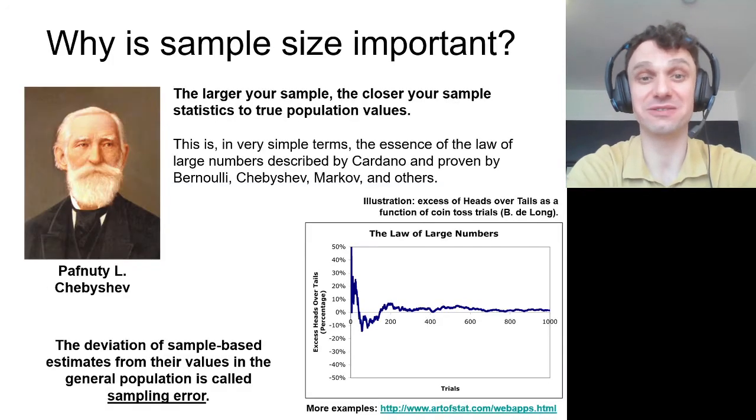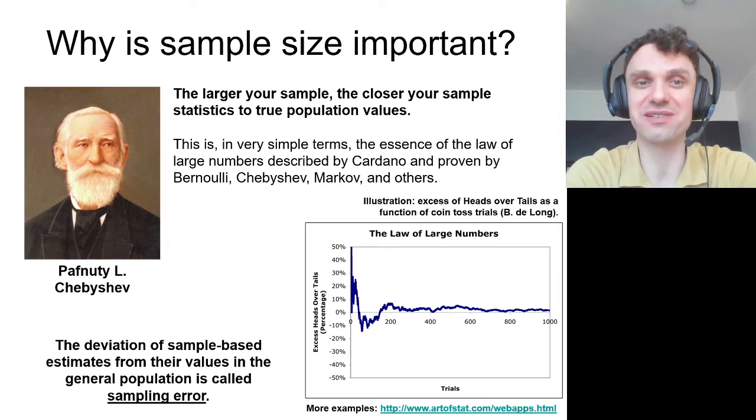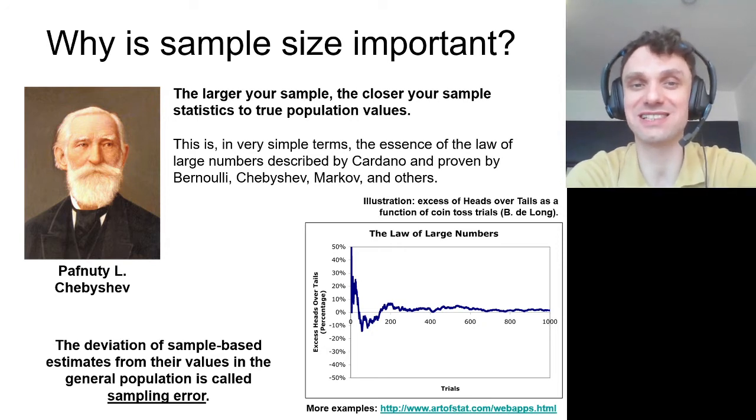But before we delve into that, today we'll mainly focus on why is sample size important and how does it affect our statistics. There is this law which is called the law of large numbers. It was discovered by different mathematicians in different countries independently of each other.